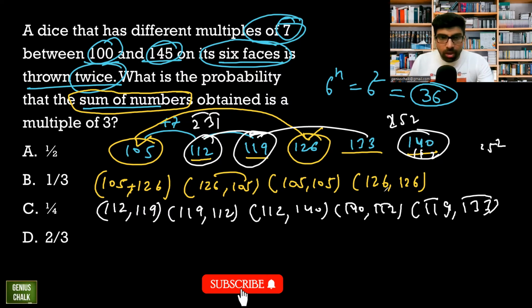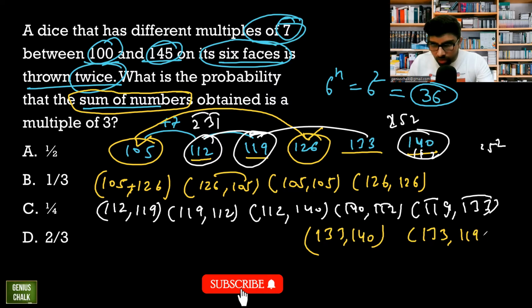So use that divisibility rule, right? Don't add manually like this. 119 and 133. Then if I take 133 and 140, it is 7 plus 5, 12. This is also cancelled. And then I can take 133 as well as 119. Fine. And 140 first and then 133 second.